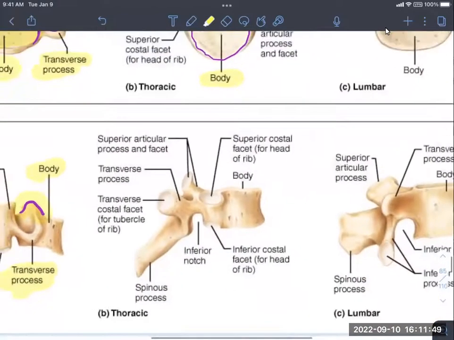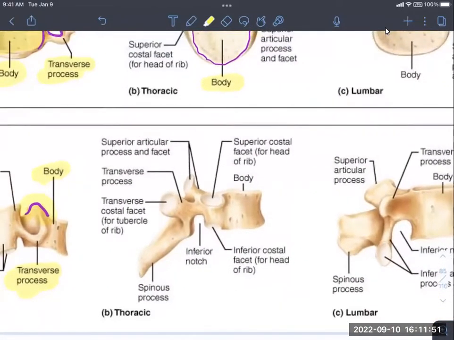Now let's look at the side view. Not only can you see the superior costal facet, but you see the inferior costal facet. You'll still see the transverse costal facets, superior articular process, inferior notch, spinous process. On the thoracic vertebrae, the spinous processes point more down.